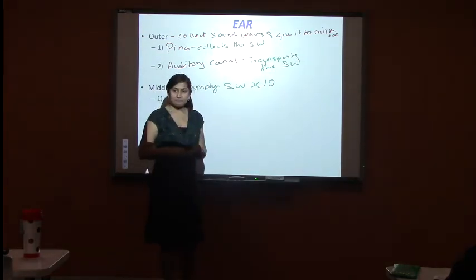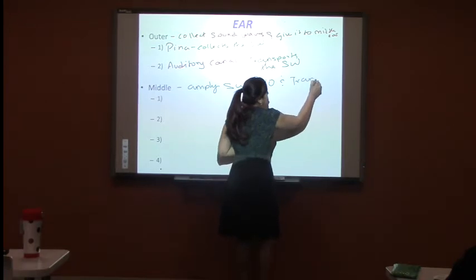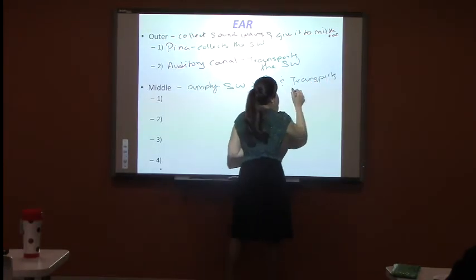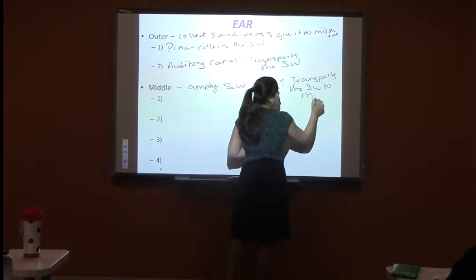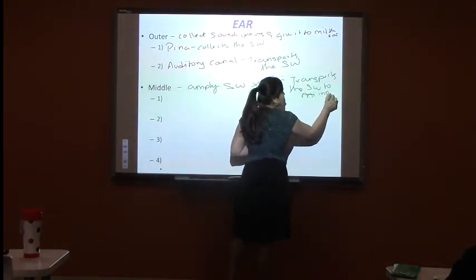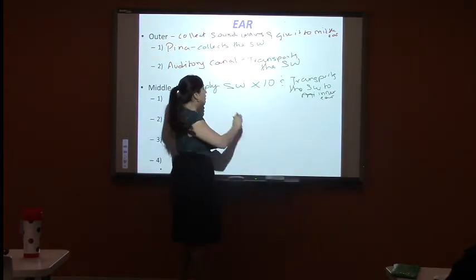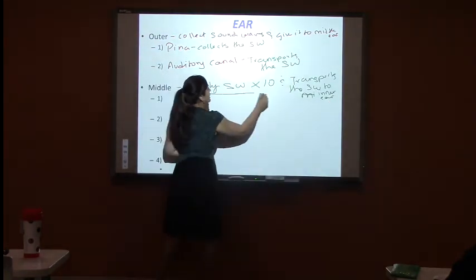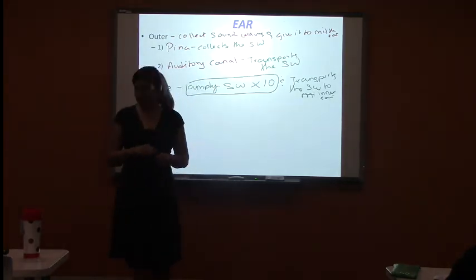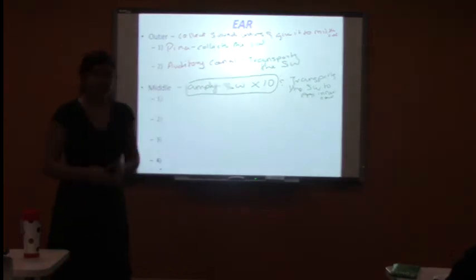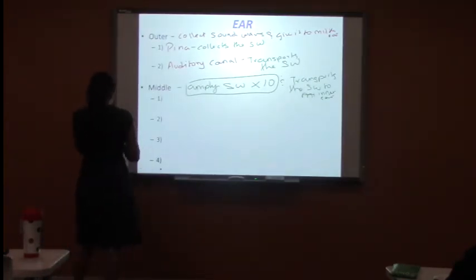Okay? And transports the sound waves to inner ear. So the main function of the middle ear is to amplify sound waves 10-fold, 7 to 10-fold, depending on the book. Okay? So amplify sound waves.